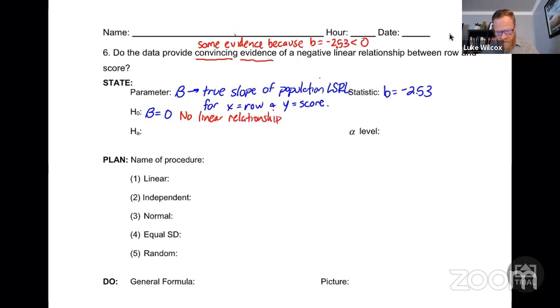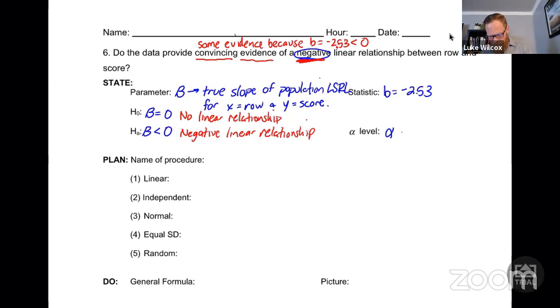And in this case, the question says, is there convincing evidence of a negative linear relationship? Well, a negative linear relationship would mean that beta is less than 0. So in words, this would be a negative linear relationship. Now, that alternative hypothesis can be one-sided or two-sided. That's always going to depend on the wording of the question. We've clearly identified from the wording of the question that we want a one-sided, less than 0 alternative hypothesis.